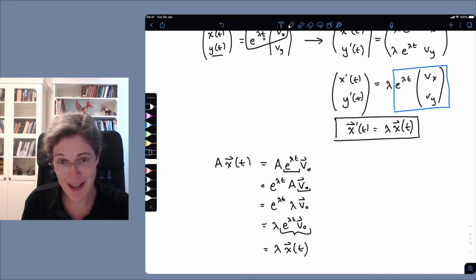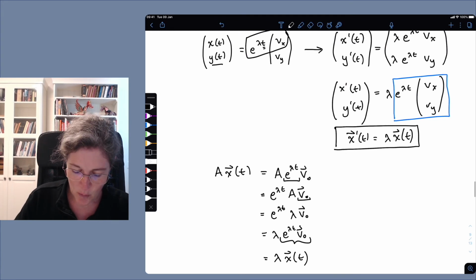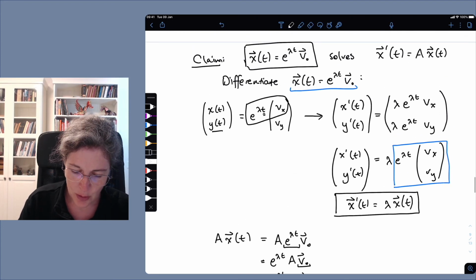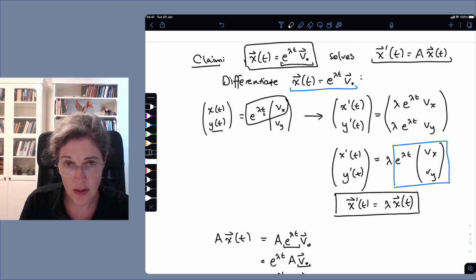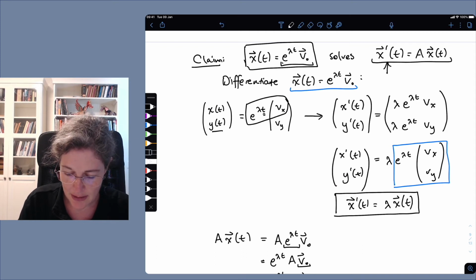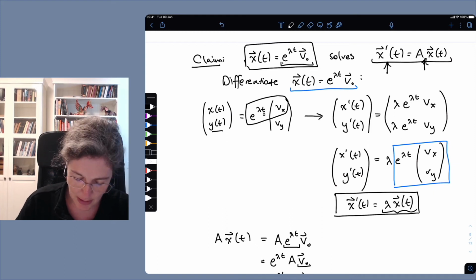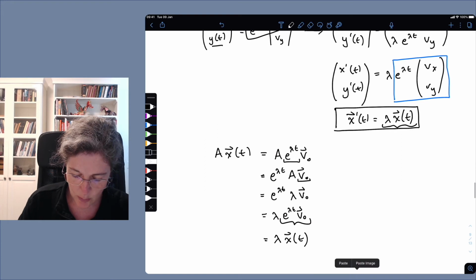So finally, putting it all together, we wanted to show that our solution solves this equation over here. Well, we've taken the left-hand side and shown that it equals this, and we've taken the right-hand side and shown that it equals the same thing.